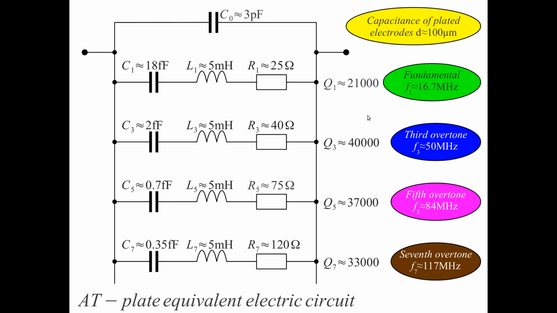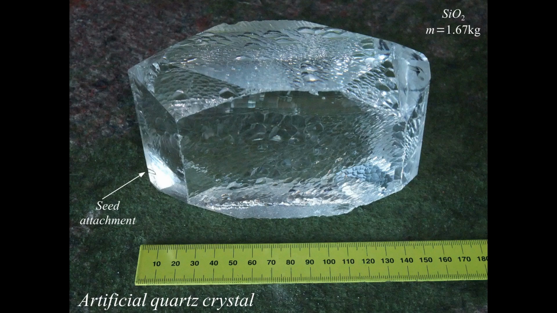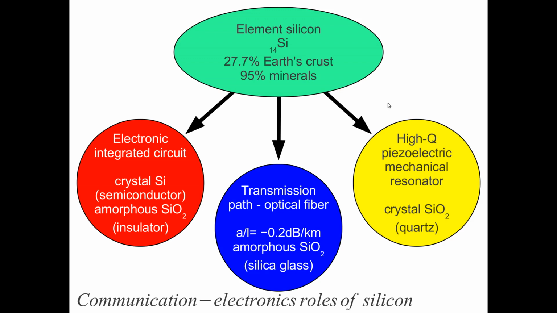They are only quartz crystal, and quartz crystal for this reason is perhaps the most important application of silicon in electronics, more important than integrated circuits and more important than optical fiber, because we have actually no replacement for this component here. We could replace this one with vacuum tubes, but there is no replacement for the mechanical resonators.